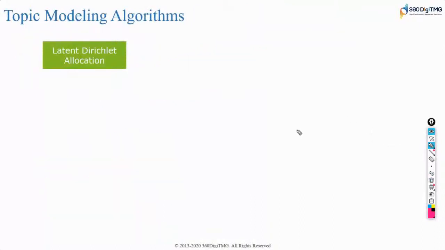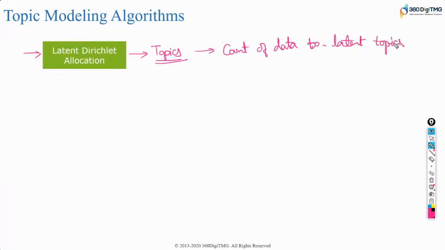The goal of LDA is to extract meaningful topics using statistical analysis. It simply uses counts of data, how many times a specific word appeared, and so on, to extract latent topics. Latent means hidden topics. Latent in pure English is called hidden.